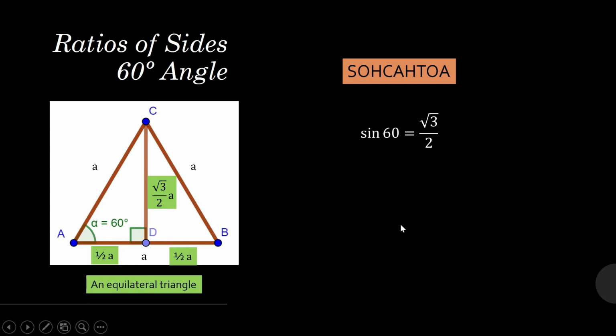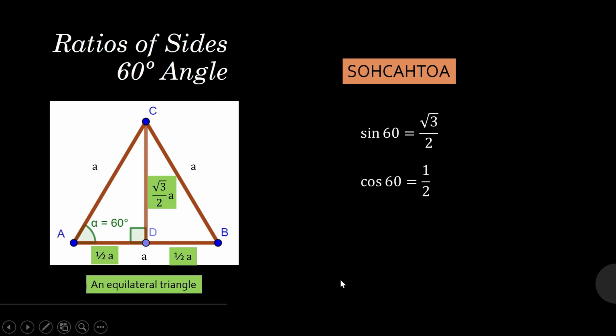What about cosine of 60 degrees? CAH, the side adjacent to our angle. This one, that's 1/2 of A divided by the hypotenuse. So cosine of 60 degrees is 1/2 of A over A. A divided by A is 1. We are left with 1/2.